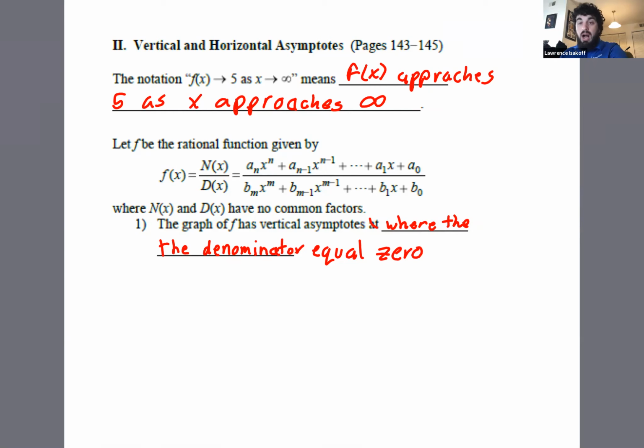So if there are no common factors, the graph will have vertical asymptotes where the denominator is equal to 0. So again, our big idea here, we're going to want to do with all these problems: take your denominator and set that equal to 0 to find your vertical asymptotes. So setting the denominator equal to 0, that's our big idea.